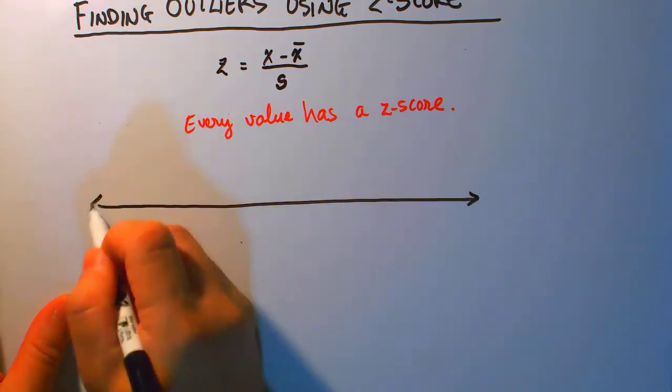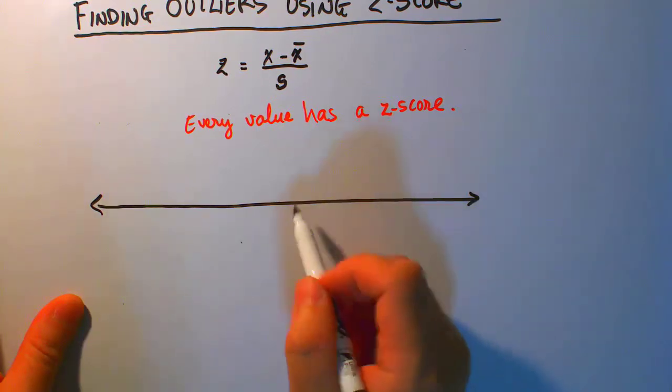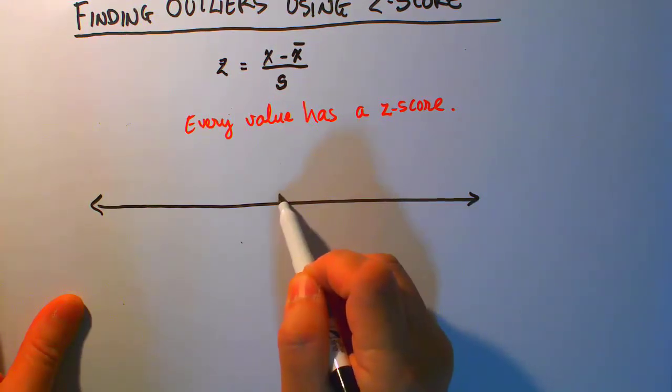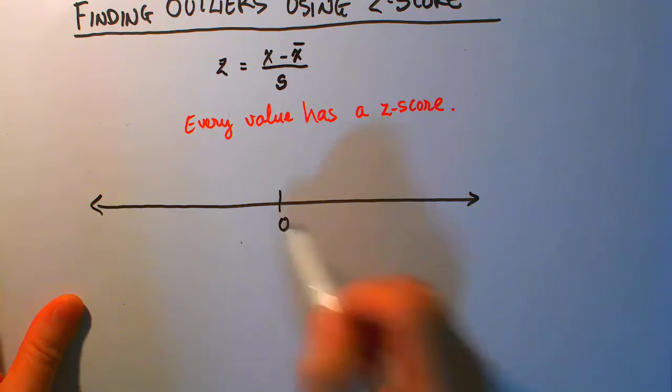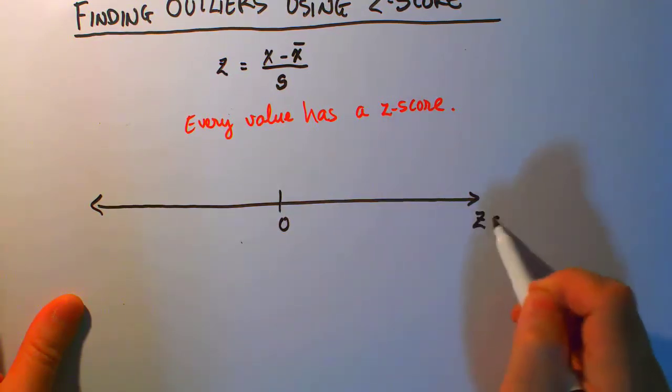Let's say this scale is the scale of all z-scores.